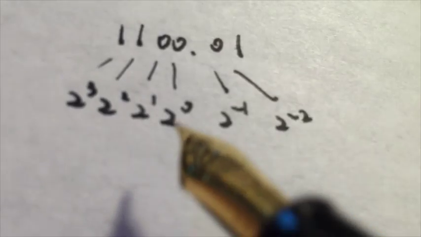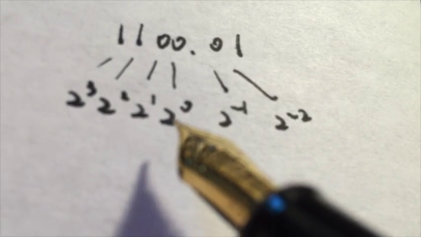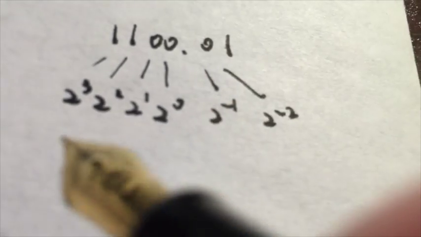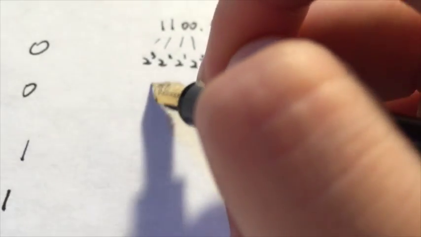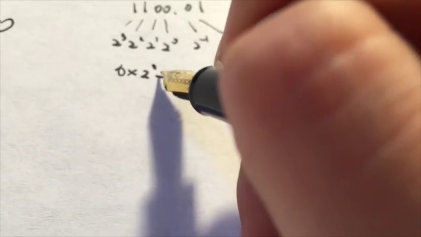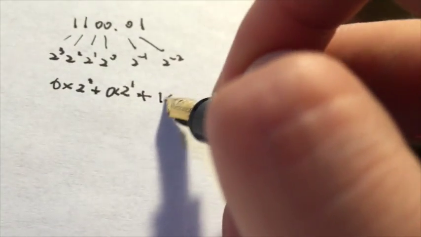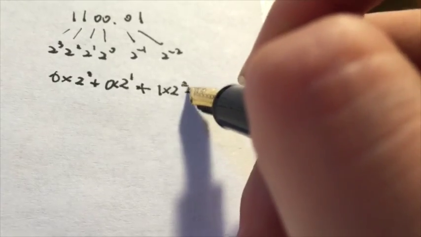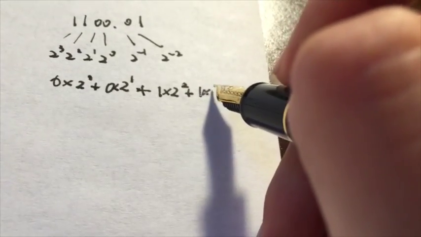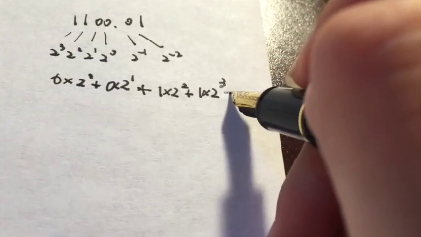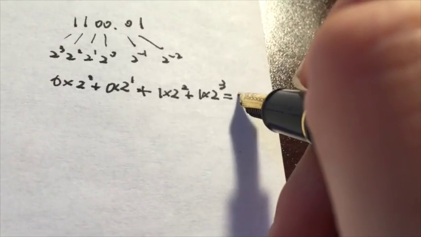So we use each number in the digit times the number it represents and we add them together. So we get 0 times 2 to the power of 0 plus 0 times 2 to the power of 1 plus 1 times 2 to the power of 2 plus 1 times 2 to the power of 3, which equals 12.